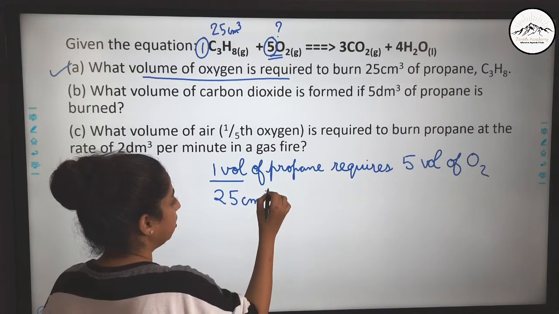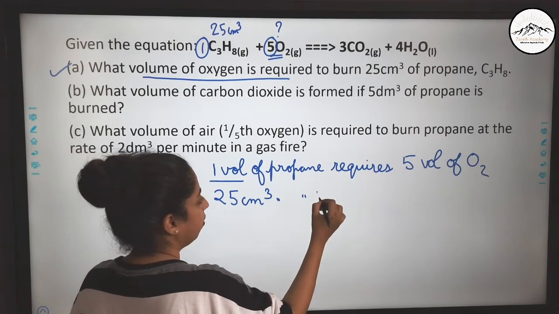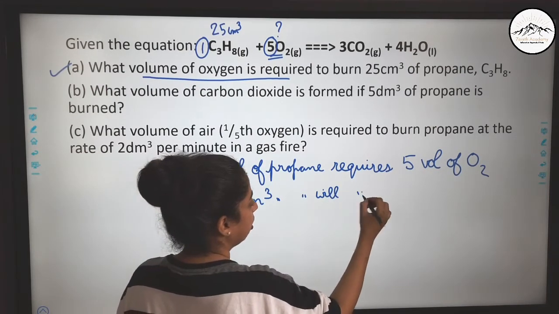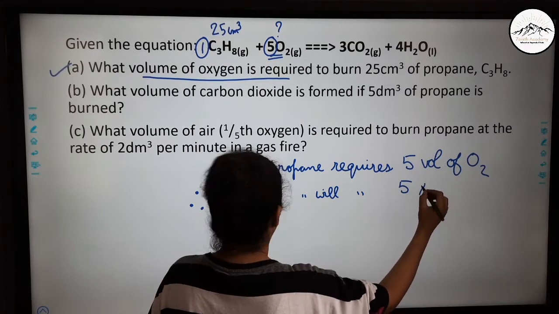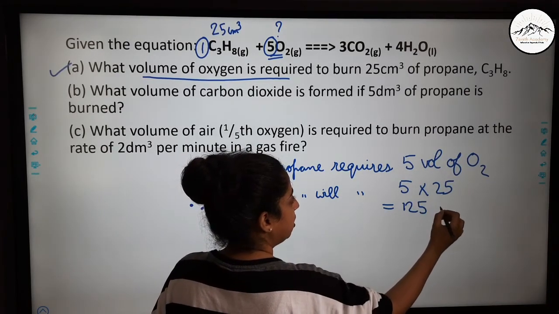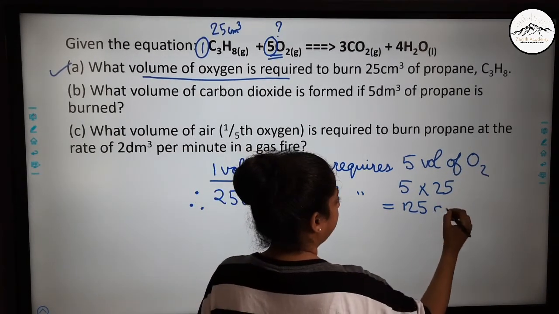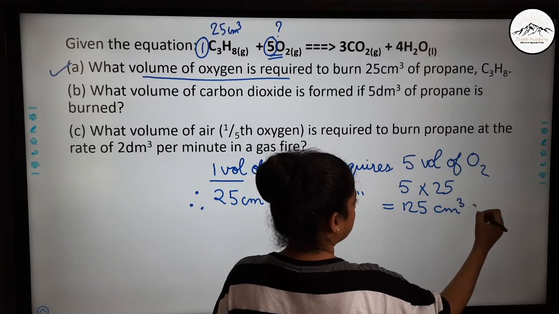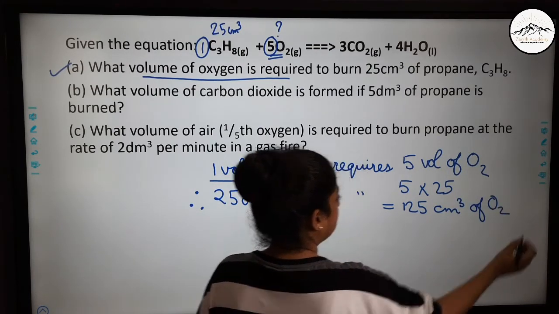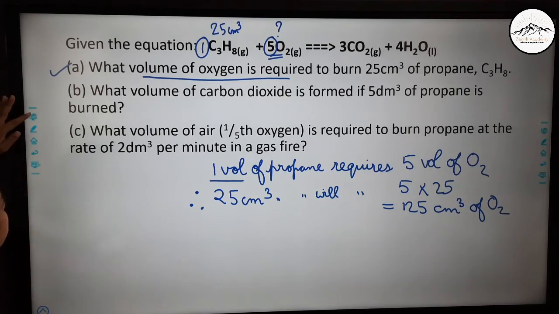So we can write, therefore 25 centimeter cube of propane will require how much? 5 into 25, which is 125 centimeter cube of oxygen. So this first question was very easy. Now let's look at the second question.